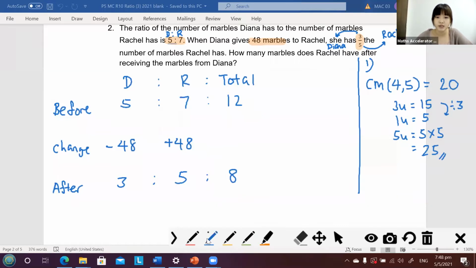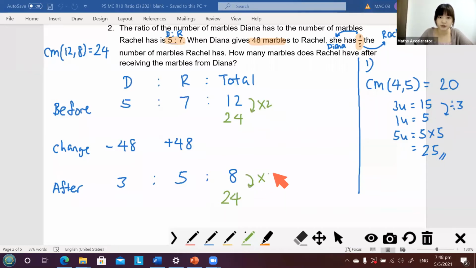So let's make it the same using your common multiple. First common multiple of 12 and 8, what would that be? Fantastic, 24. So use your different colored pen. We're going to have 24 here and 24 here. So times 2, times 3.